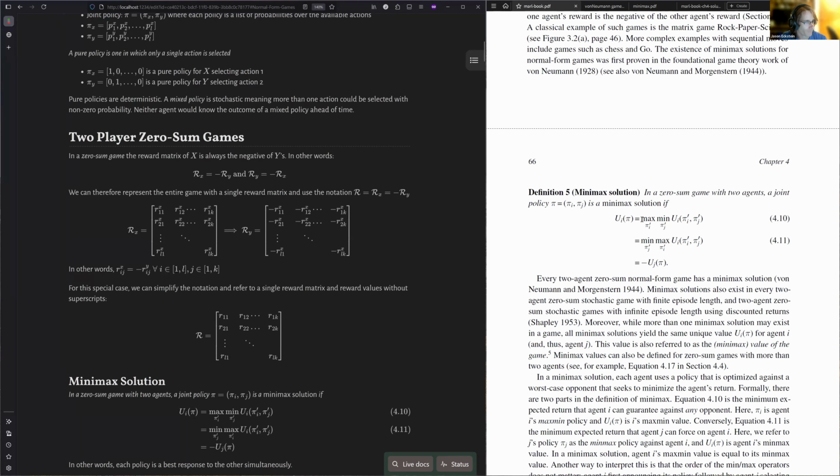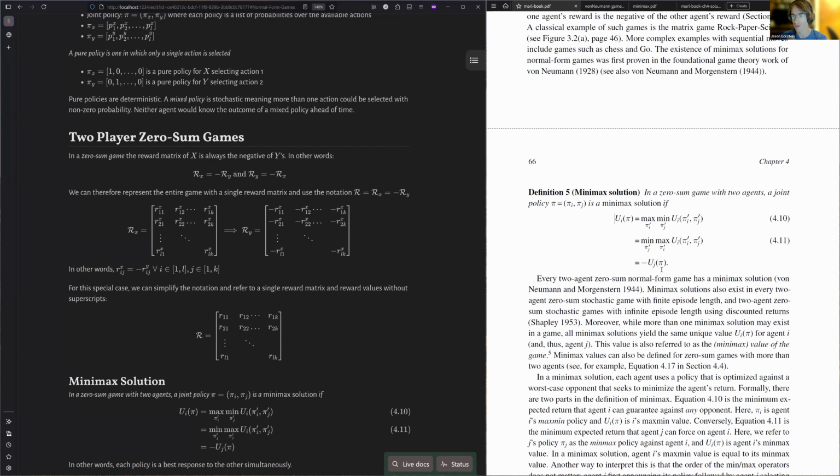If we look at a given player, well, this is actually looking at both players. Here this is I and J, instead of X and Y, which I think is a little confusing because they also use I and J for subscripts on the actions, like the action indices. Whatever. In this case, U_I means the expected reward for the first player, and U_J is the expected reward for the second player.